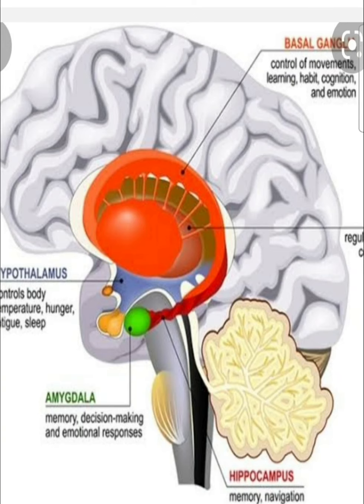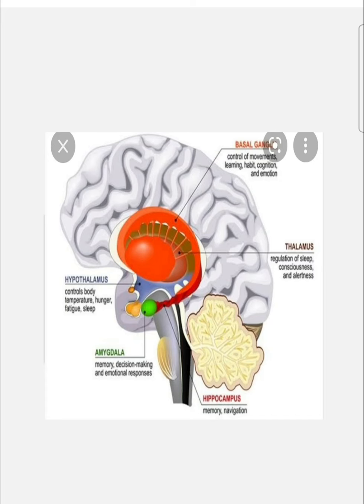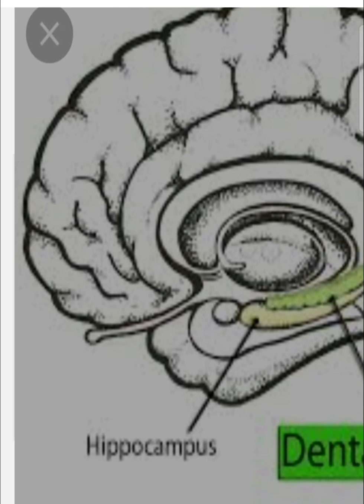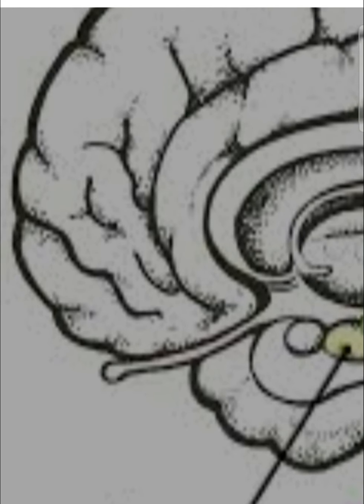Together with all these components, you can see here the olfactory bulb, which comes under the frontal lobe, and this olfactory bulb is also one of the components of the gray matter of the limbic system.